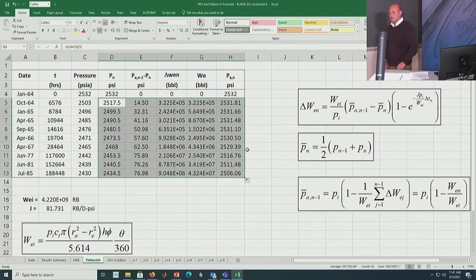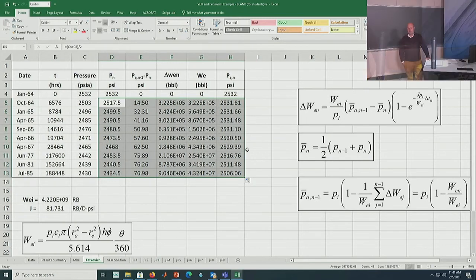That is a lot easier than the VEH method. And if you haven't noticed that yet, you will on your upcoming homework.